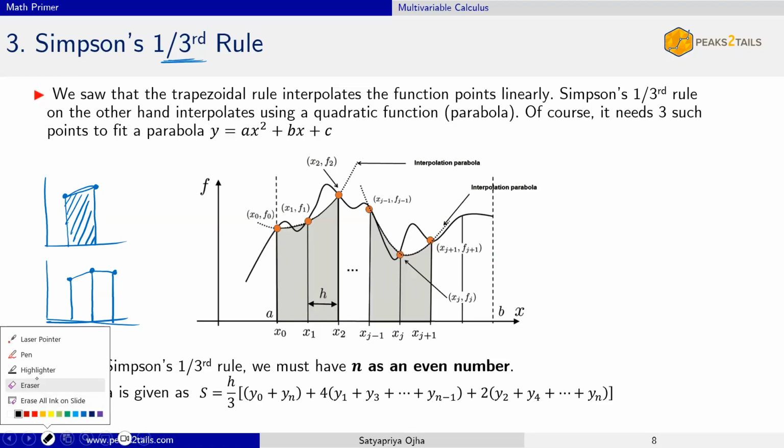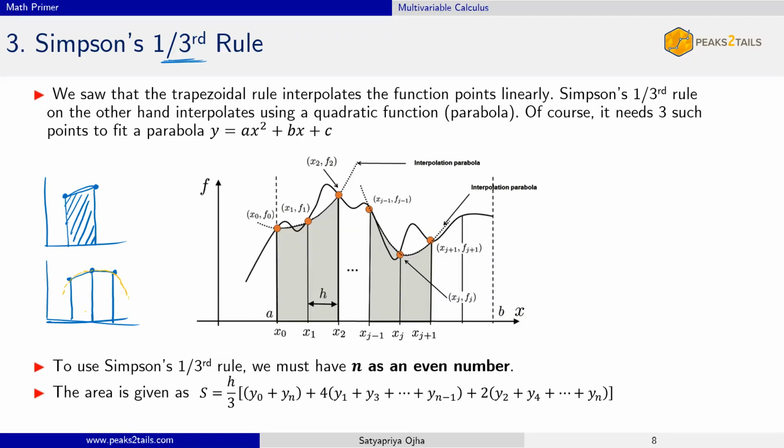It will be a symmetric parabola, very hard to draw for me, but something like this. Maybe you can look at this picture. So this is our x0, x1, x2. We need 3 points, because we are doing a parabolic interpolation.